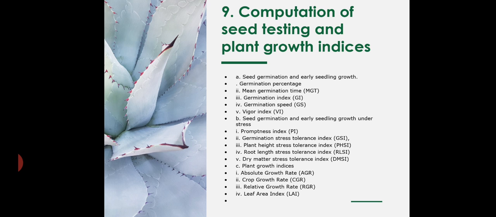In this chapter we are going to see seed germination, early seedling growth, germination percentage, mean germination time, germination index, germination speed, vigor index, seed germination and early seedling growth under stress, promptness index, germination stress tolerance index, plant height tolerance index, root length stress tolerance index, dry matter stress tolerance index, plant growth indices, absolute growth rate, crop growth rate, relative growth rate, leaf area index.